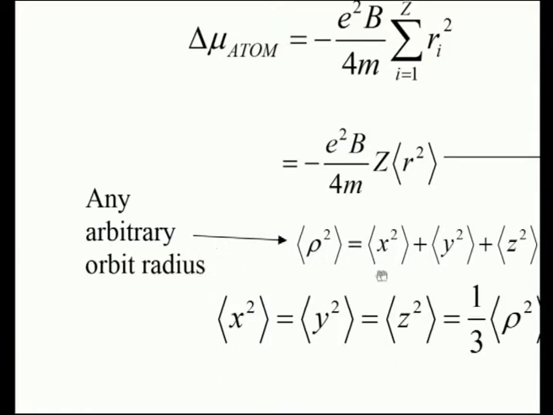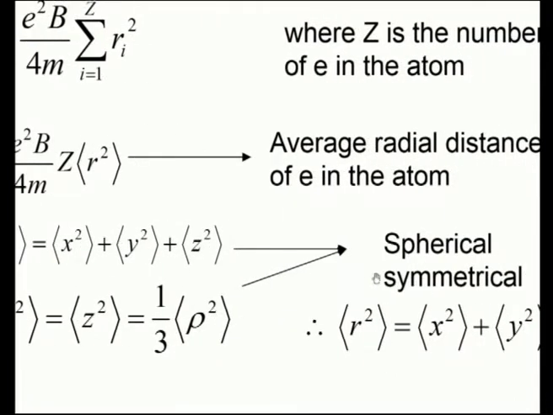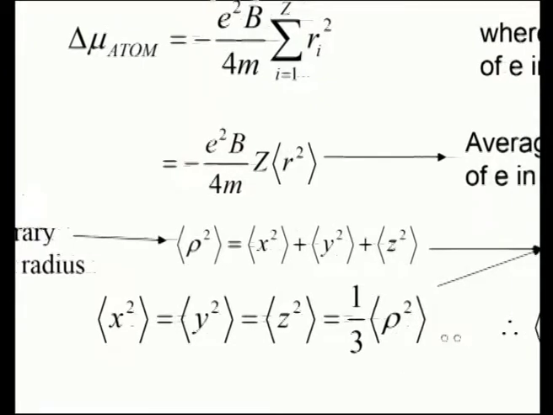For any orbit with radius rho, we have rho square equal to x square plus y square plus z square, like with a sphere. Also for isotropic distributions, we will have x square average equal to y square average equal to z square average, and that is equal to 1/3 of rho square average.